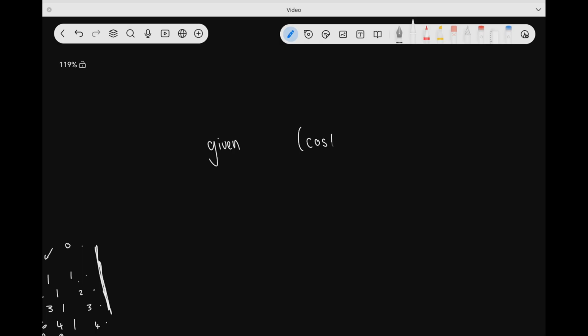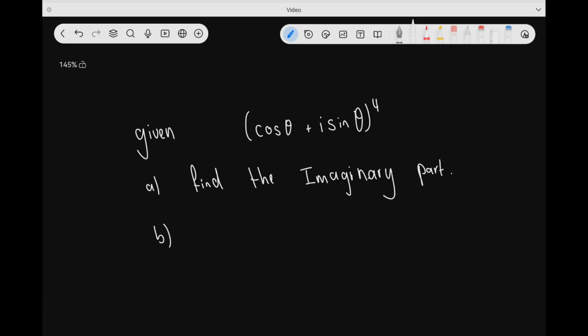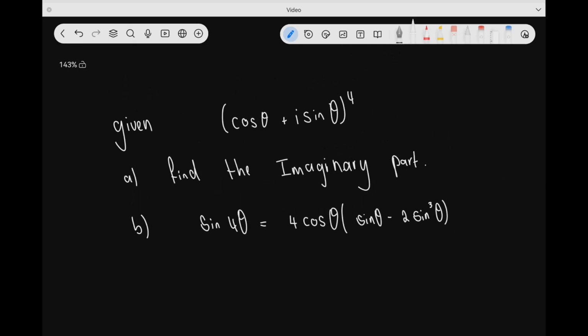We're given cosine theta plus i sine theta raised to the 4, and they ask us to find, question A, the imaginary part, and then B, they ask us to show that sine 4 theta is equal to 4 cosine theta sine theta minus 2 sine cubed theta. Okay, so they ask us the following.